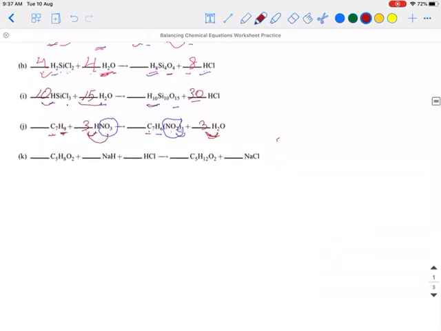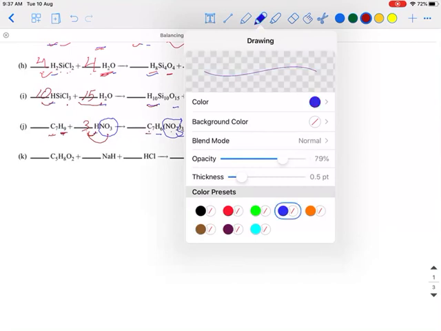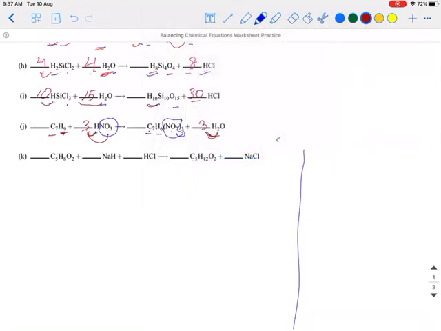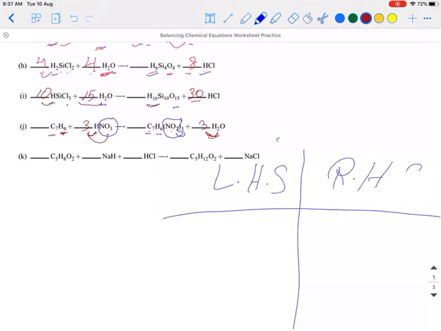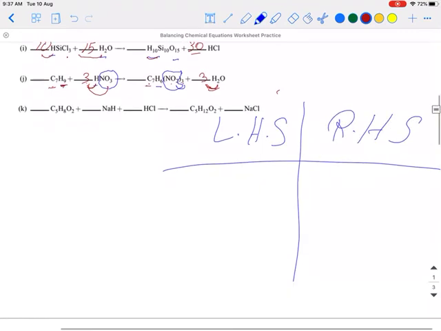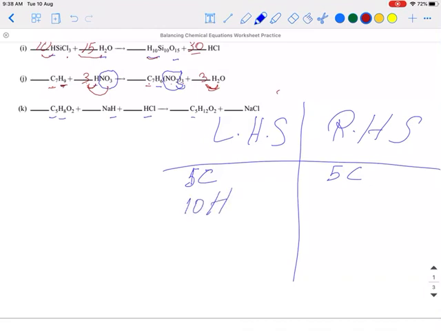Okay, so we will move to part K, the last one. Left hand side and right hand side. We have 5 carbon here, and also on the right hand side 5 carbon. H, 8 plus 1, 9, plus 1, 10.